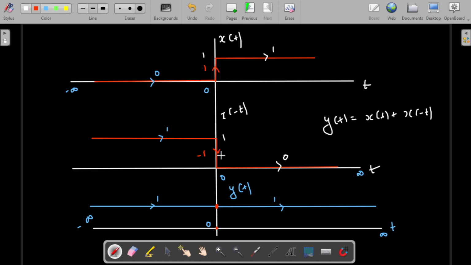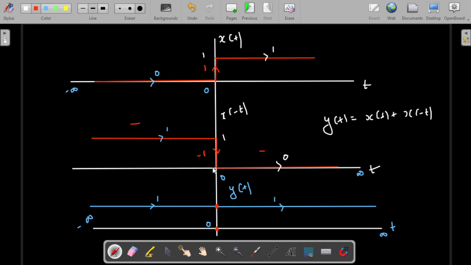Some will say 0.5, but here it is considered to be 0. So there are two things: addition over an interval, and addition at a point, where plus 1 minus 1 is considered, and this point is considered to be 0. Please make a note of it, it's very important.